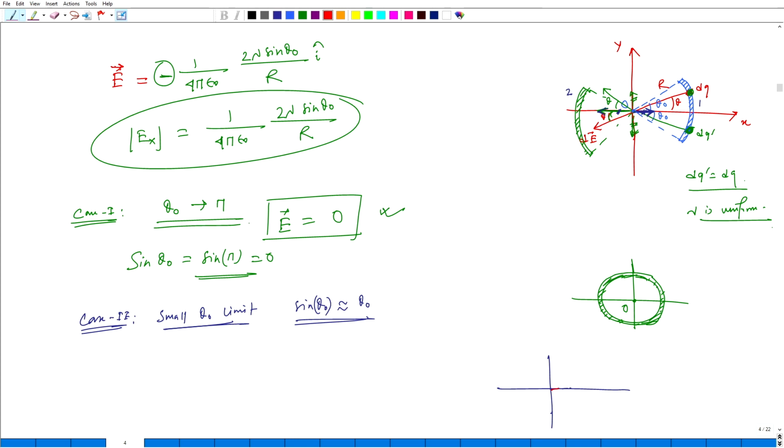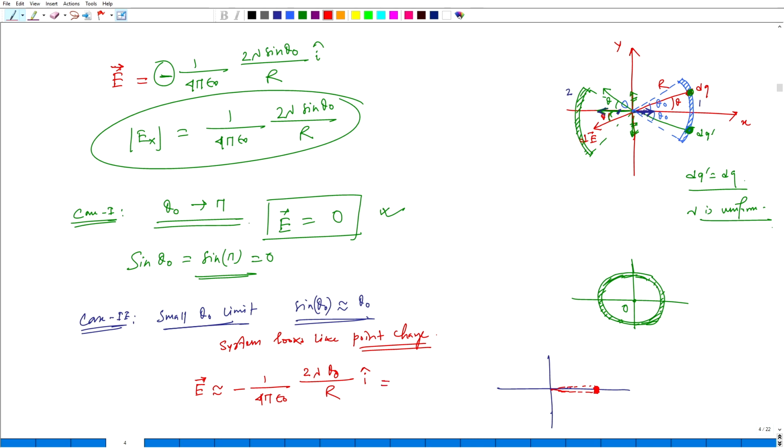Then the electric field vector E becomes approximately 1 over 4 pi epsilon naught, 2 lambda theta naught divided by r, times I cap.